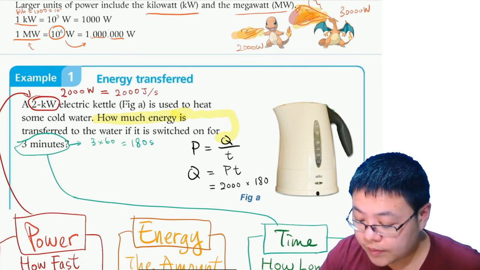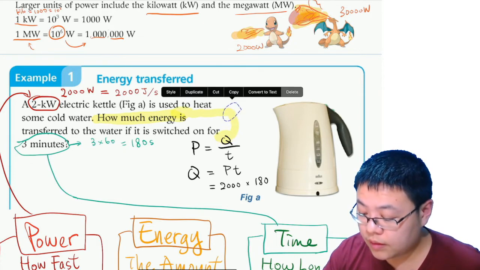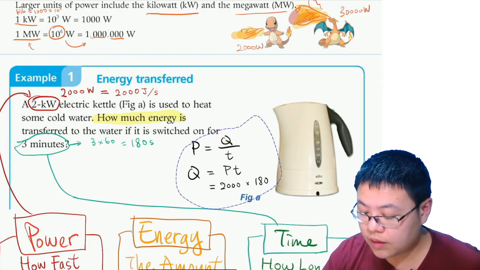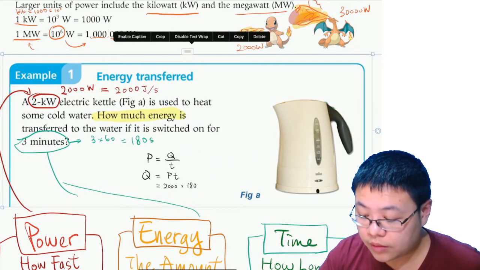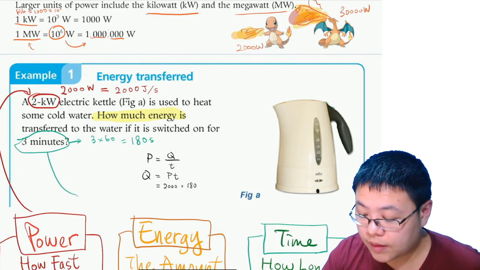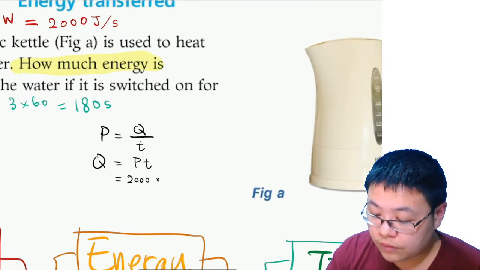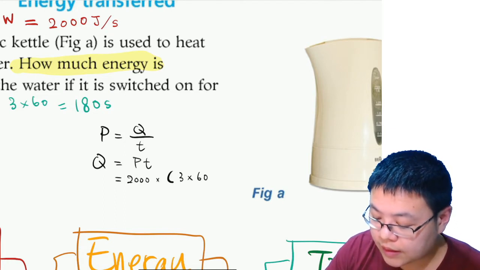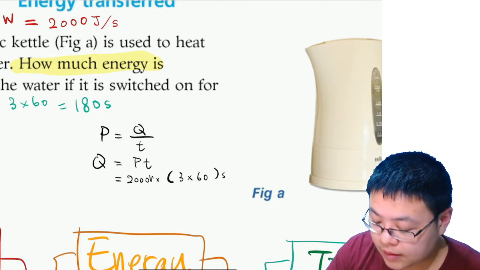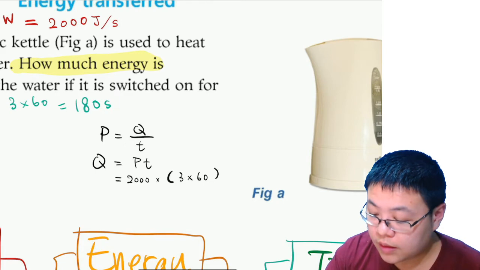Is it clear enough? I should move it. This one delete, this one move it, and sorry. Or if you would like more steps, this is 3 times 60 seconds. This is watts. Don't include the unit here.